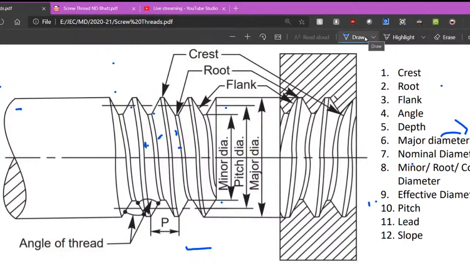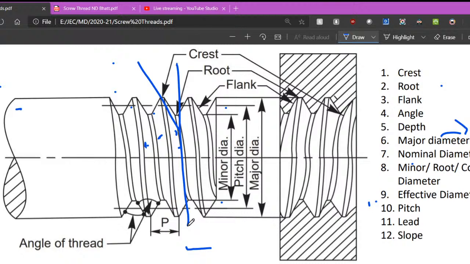So in that case, you see this one is going this way, and we are measuring from the normal plane; this angle that is visible to you is known as the slope of the thread.